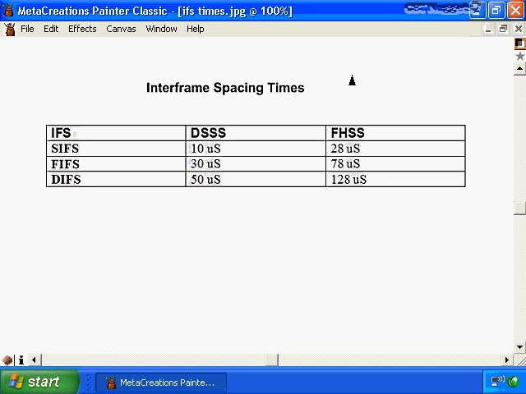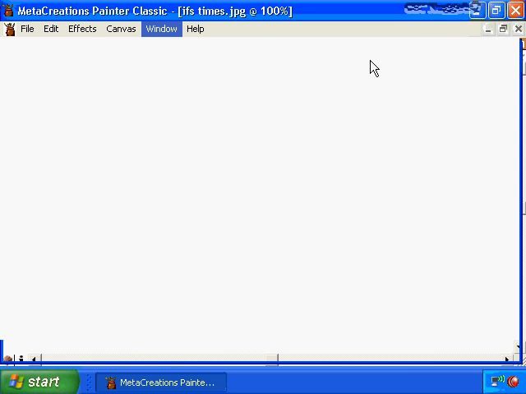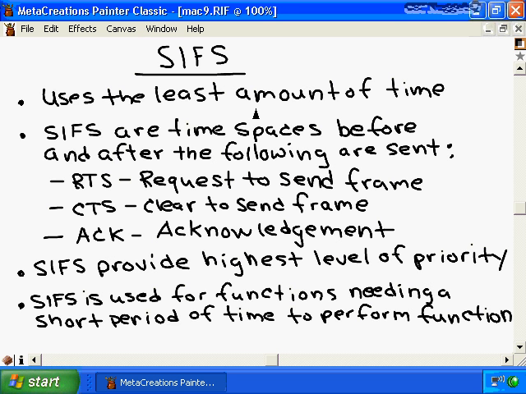Okay, so that's all well and good, but now we need to know why these interframe spaces are actually used. So this is the duration of time used by these different types, but why are they used? Well, to explain that, let's bring up another whiteboard. As we just saw, an SIFS interframe space has the shortest duration of time. But what is an SIFS? What is it actually used for?